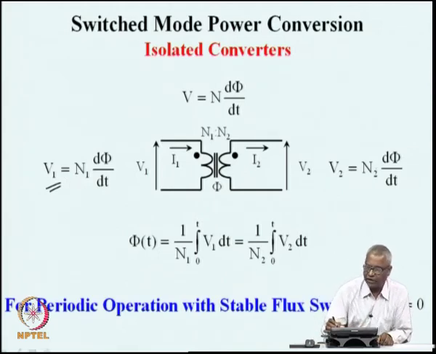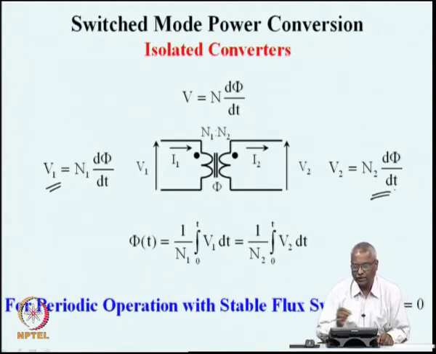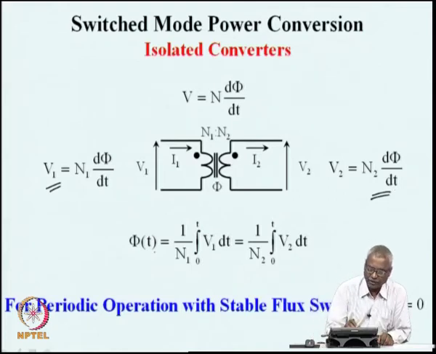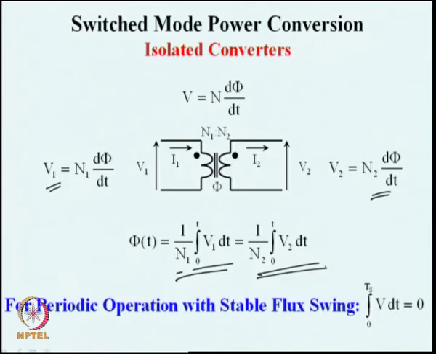V1 is N1 d phi by dt, V2 is N2 d phi by dt, and the flux is the integral of either V1 dt from 0 to t divided by N1, or V2 dt integral divided by N2. This is the flux swing in a transformer core. The core flux is related to the volt second integral of the excitation voltage.